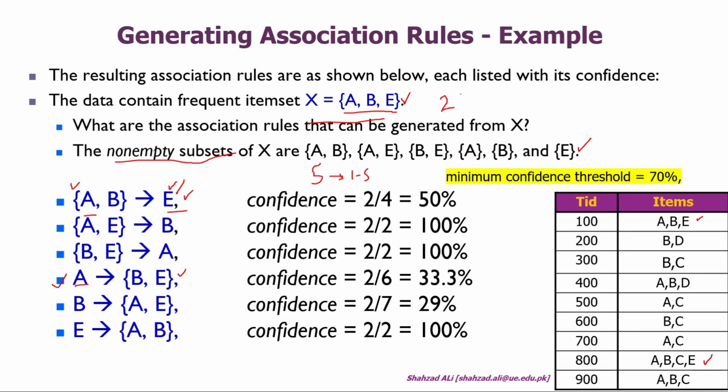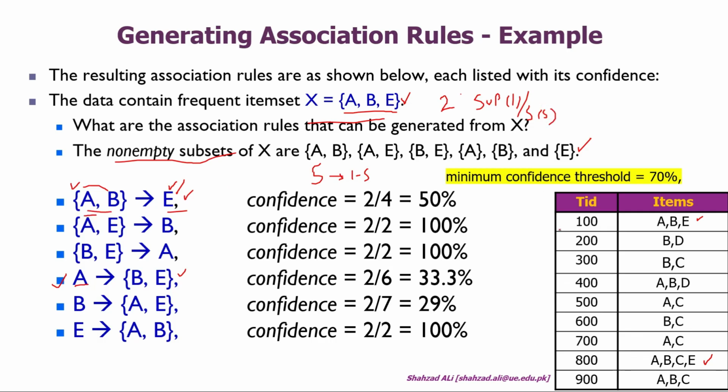So what is the support of S, AB? How can we calculate the confidence of the rule? We have to calculate the support of I, which is the frequent item set, and divide this by the support of the subset of the frequent item set.